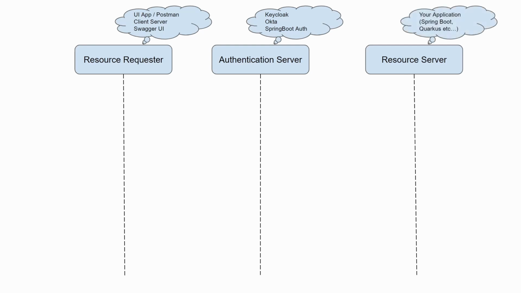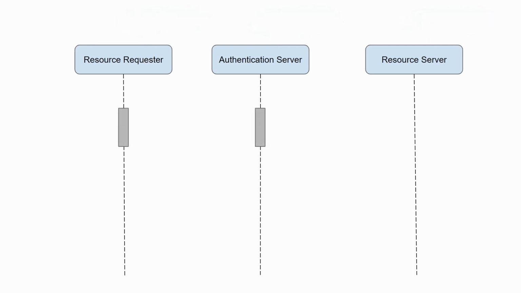The resource server is your actual application which needs the security, to make sure that authentication and authorization is configured. Your application can be in any of the frameworks; I'm going to explain using Spring Boot as well as the Quarkus application. The first thing that happens here is the resource requester sends a request to get the authentication token from the authentication server.